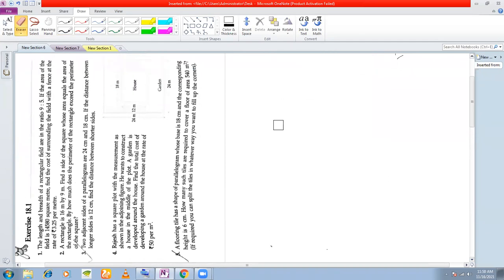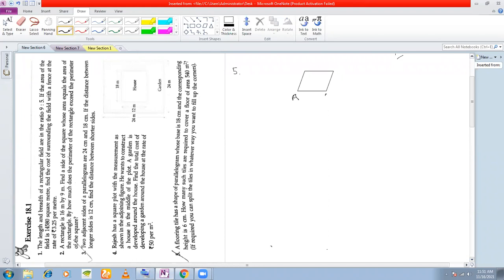Look at number 5. The question states a flooring tile has a shape of a parallelogram whose base is 18 centimeter and the corresponding height is 6 centimeters. So tiles are of what shape? These are tiles.